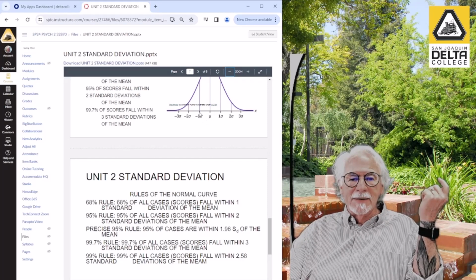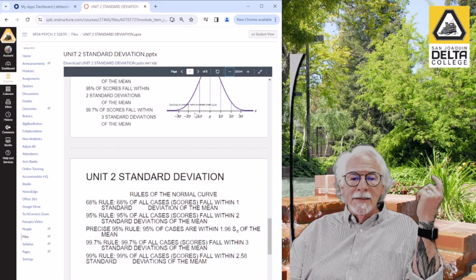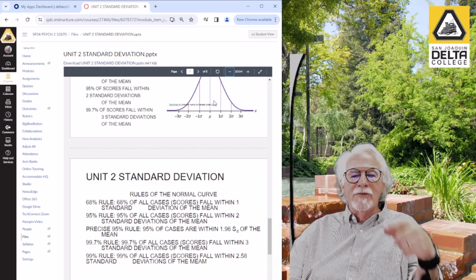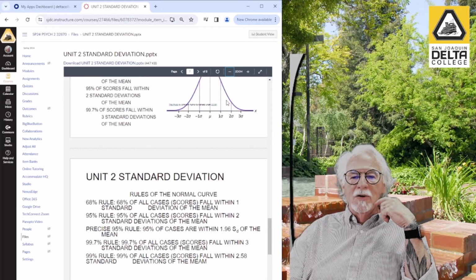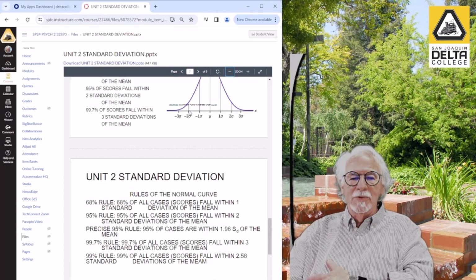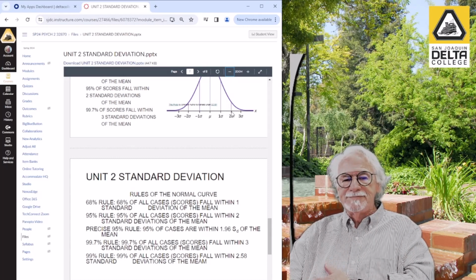Same thing here: I subtract 4 to get 40 and subtract another 4 to get 36. So 95% of the cases fall within these 2 standard deviations, and 95% of the people scored between 36 and 52.